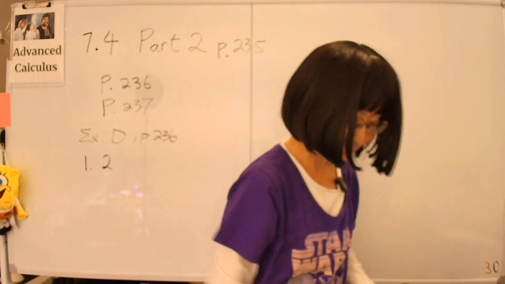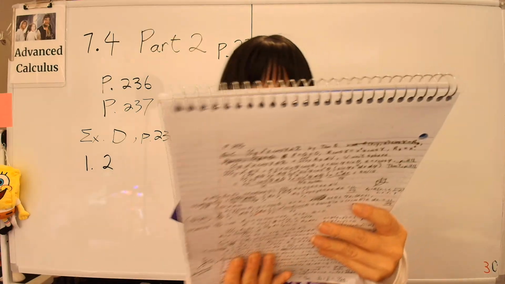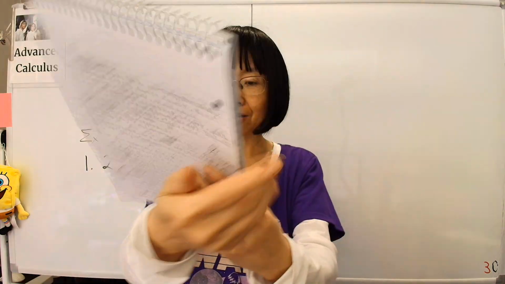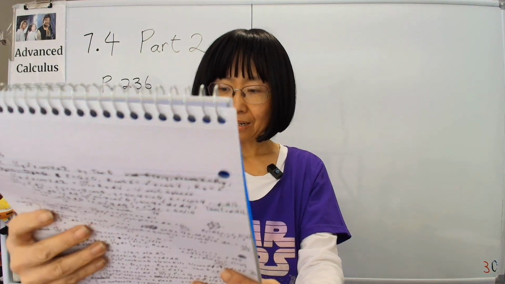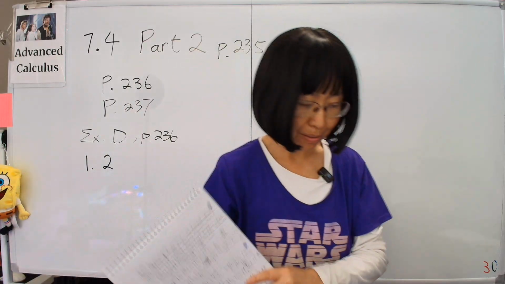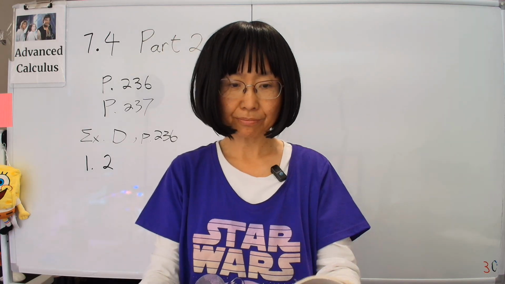So that's that. And then on the other side, we have to do the surface integral, in which case we're going to subtract, using the principle on page 235 in Theorem 8. That is this thing right here.